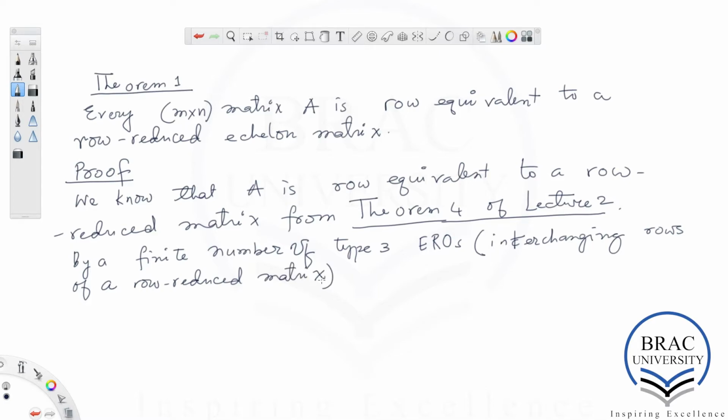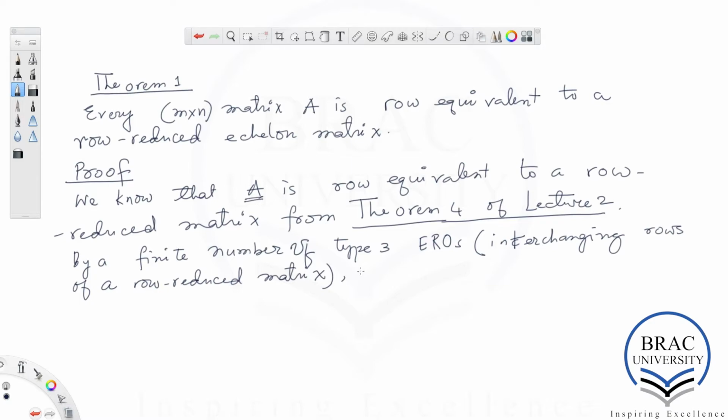So we consider that row reduced matrix which we obtain from this matrix A after a finite sequence of elementary row operations that we did in the proof of theorem 4 of lecture 2. We start from that matrix, and by a finite sequence of interchange of rows, we can bring all the 0 rows to the bottom of the matrix.